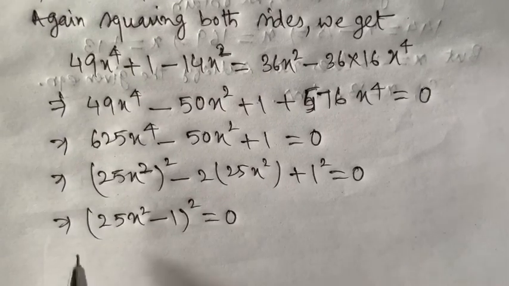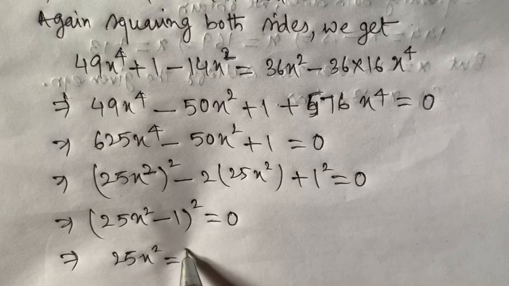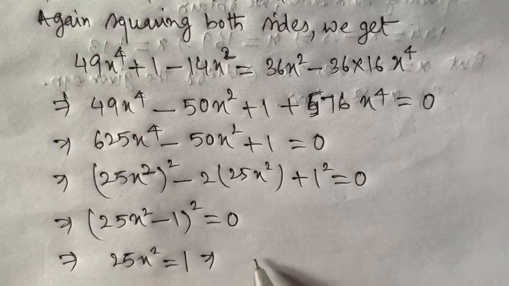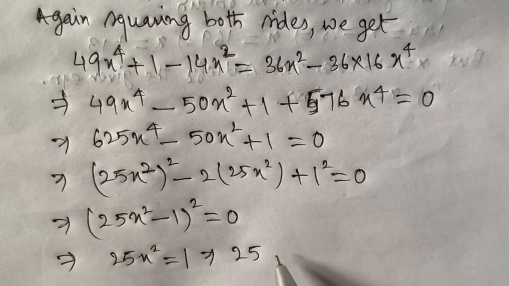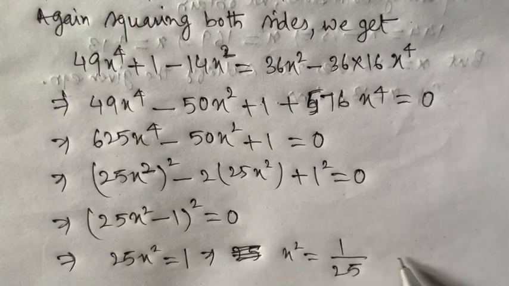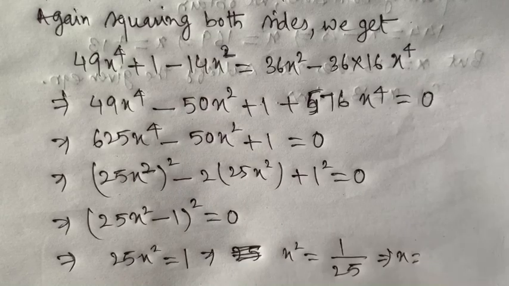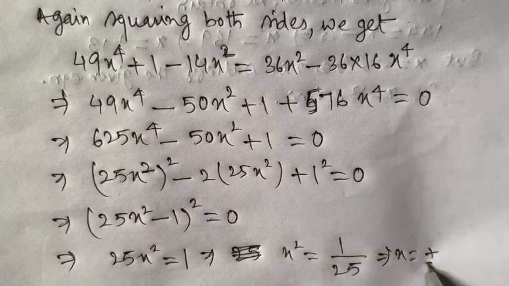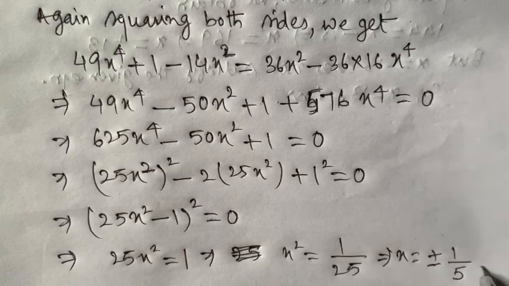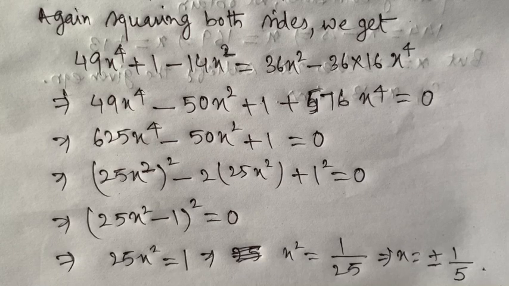So 25x square is equal to 1, we have x square is equal to 1 by 25 and x is equal to plus minus 1 by 5.